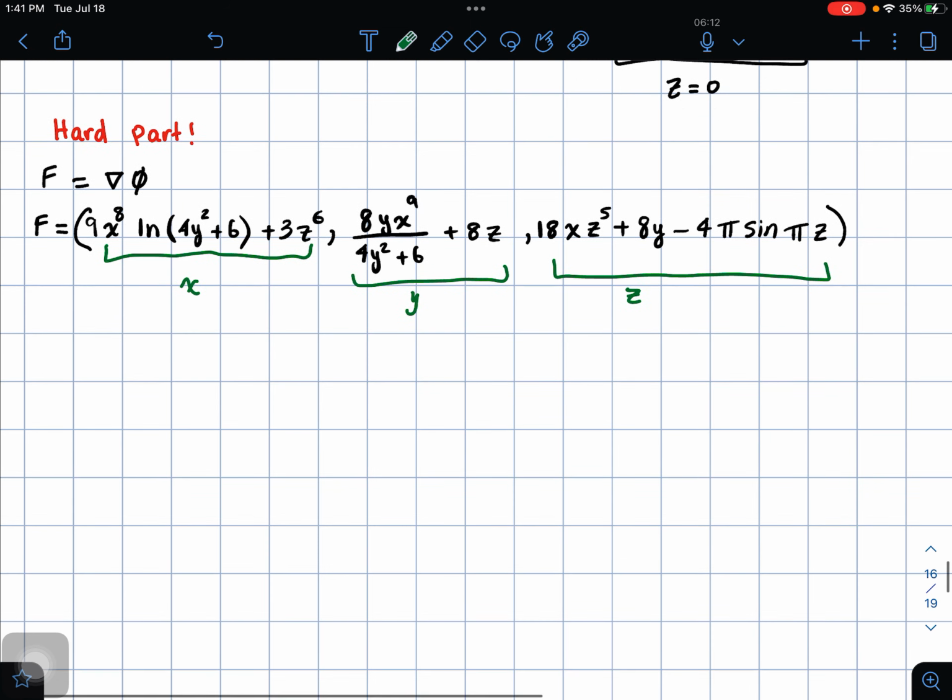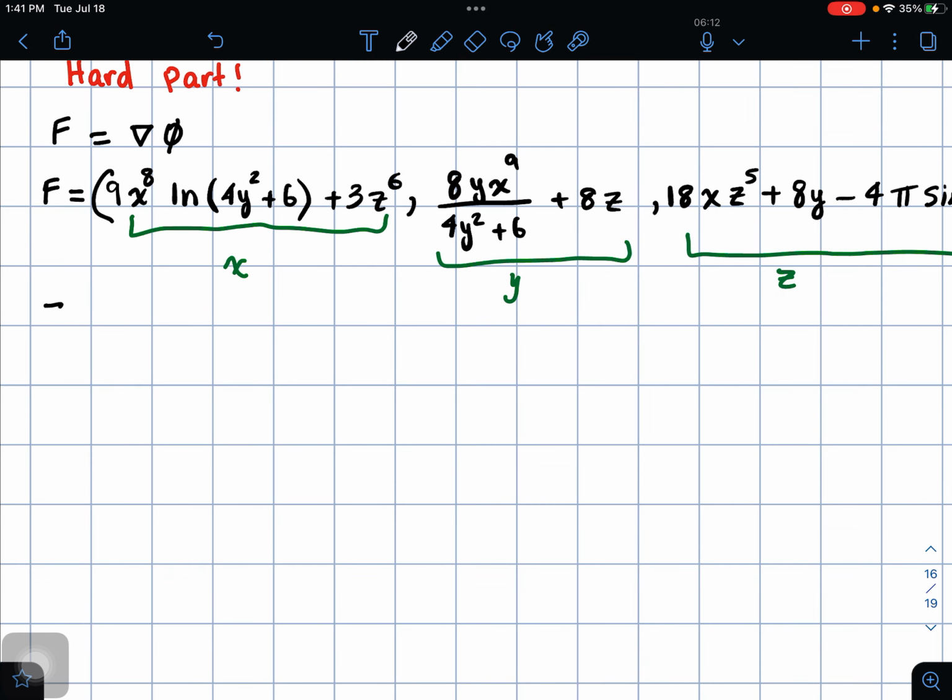Okay, so by definition, we also know that the gradient of phi is going to be del phi del x, del phi del y, and del phi del z, right?